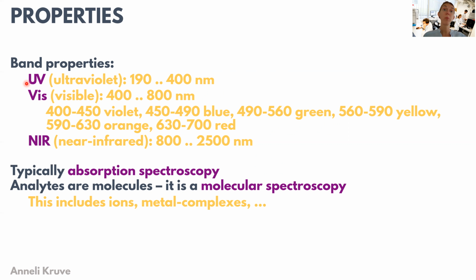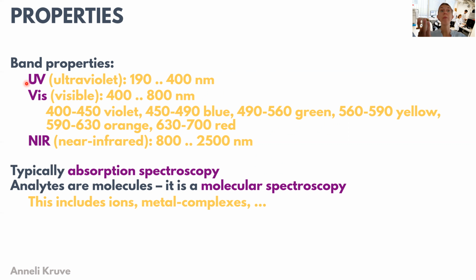With visible spectroscopy, we mean the light in the range which we can see with our eyes. So what makes compounds and material around us colorful. And this is then from 400 to 800-ish nanometers. The lower wavelengths start with violet light and end up with red light. So all the rainbow colors.